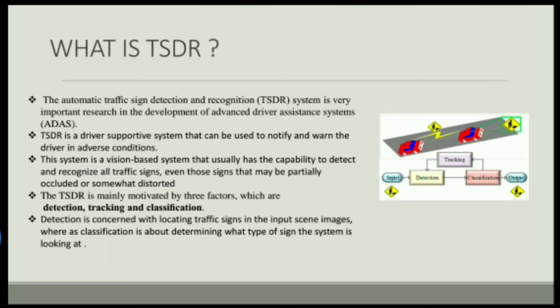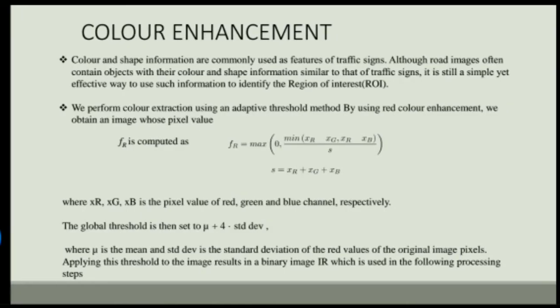As discussed in one of the papers, it is categorized into 3 stages: detection, tracking, and classification. Detection tries to detect the signboards, while tracking keeps on monitoring for upcoming new signboards on its way. Lastly, the classification will classify these detected signboards into the 8 categories as discussed earlier. So let's move on to the next slide.